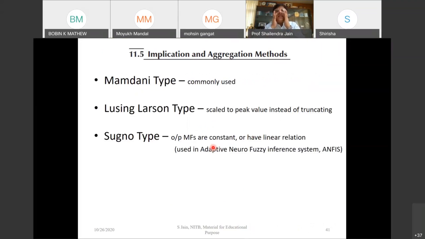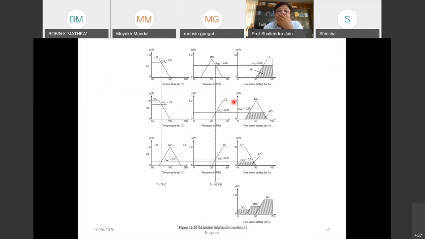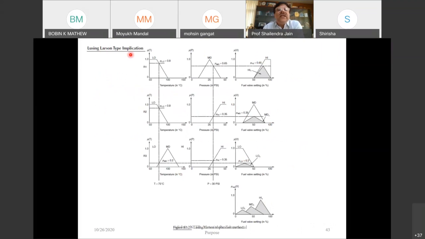For implication and aggregation, there are several methods available in the literature: Mamdani type, Larsen type, or Sugeno type. What is the difference? In Mamdani type, your output is truncated to the defined membership function. Whereas in Larsen type, instead of truncating, we create another area within the membership function.